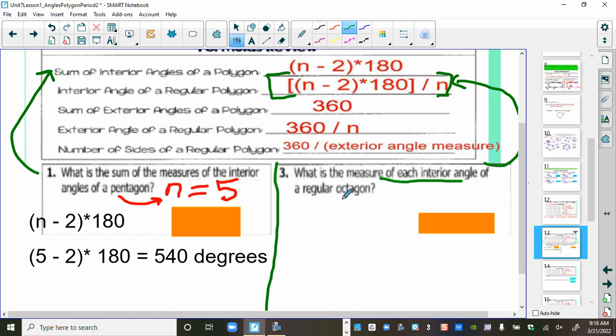Now, most important thing, octagon. How many sides are in an octagon? Octagon is 8. Think about a stop sign. A lot of you are starting to drive.